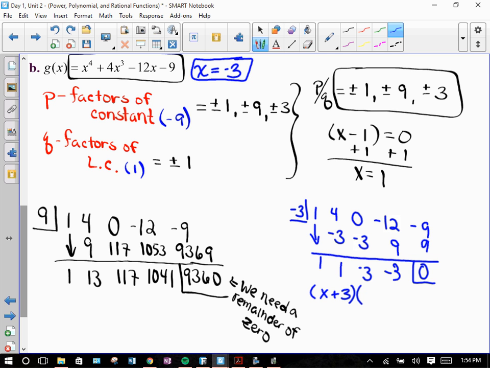We use those because that's what we got when we divided our original function by the 0. We started at x to the fourth, so this is going to be 1 x cubed plus 1 x squared minus 3x minus 3.